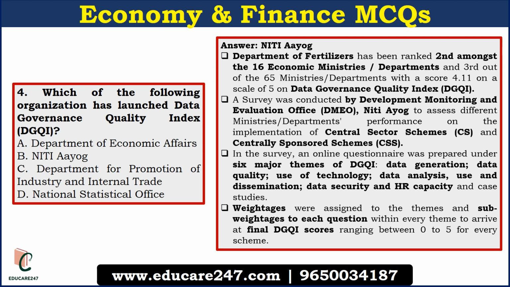Accordingly, this survey was done for different ministries and departments, and it was found that the Department of Fertilizers is second among all the departments. So this was a very useful index. Keep in your mind, it can be asked in the examination.